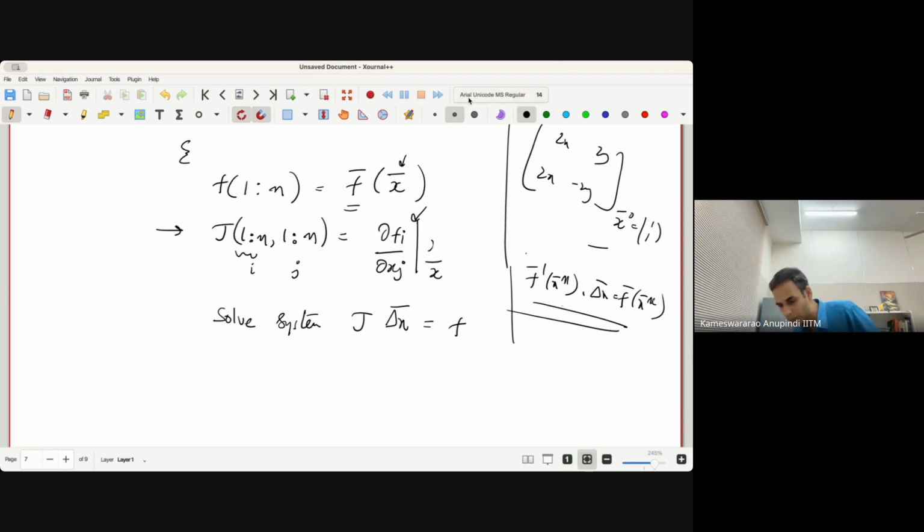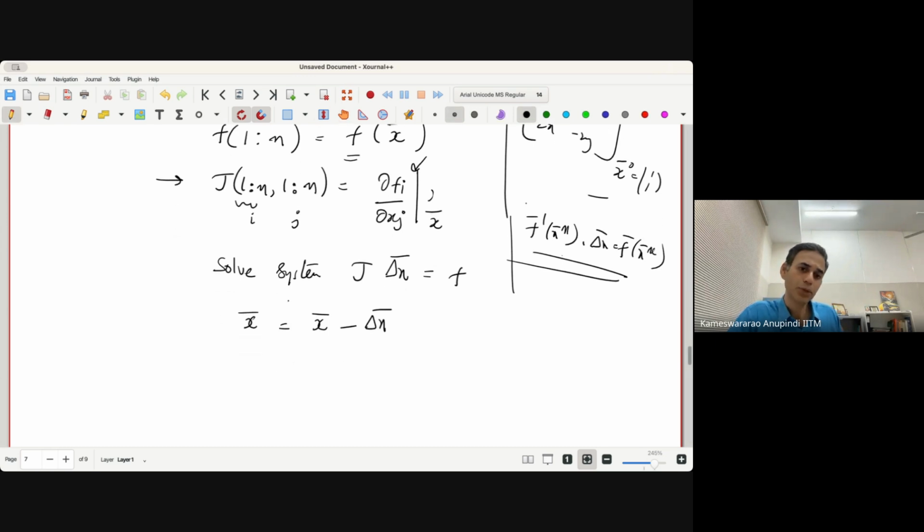Just give me 1 second. I'm going to switch this off. Once I know the correction, I'm going to update my values. That is x bar equals x bar minus delta x bar, because I have not used a minus in the previous step, I'm using a minus here. So this is my new value.